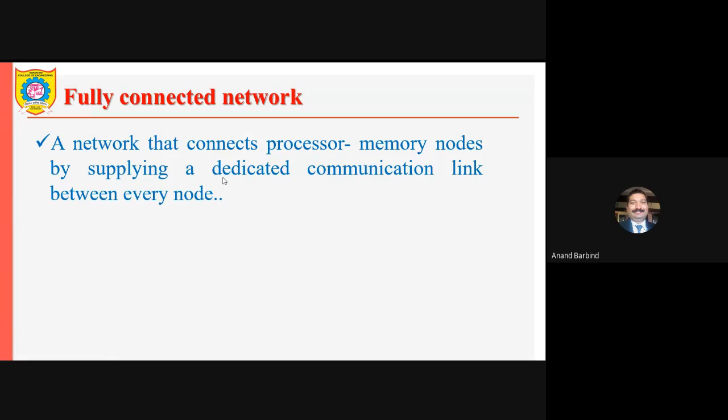For example, in the star topology, every node is connected to the memory, and dedicated paths are there, but such a network is very complex. A lot of communication link paths are required between the processor and the memory for this purpose.